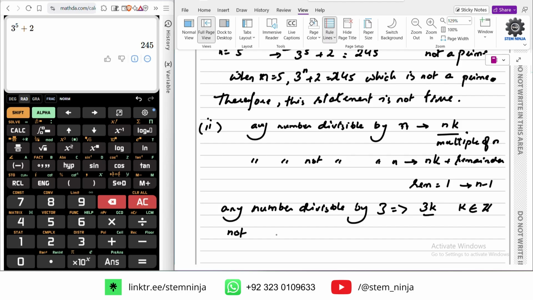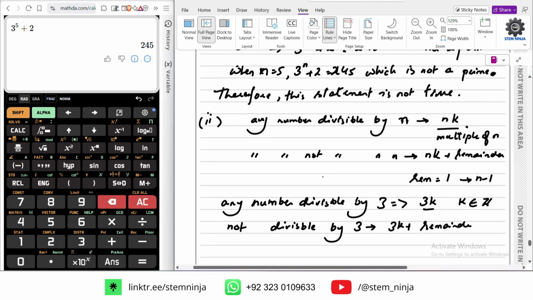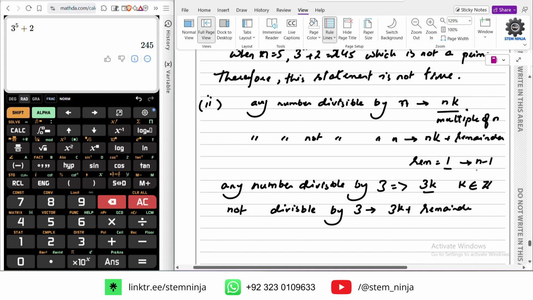So not divisible by 3 would mean that you have 3k plus some remainder. The remainder could be 1 or 2, because it goes from 1 to n minus 1. So m could be 3k plus 1, or m could be 3k plus 2.